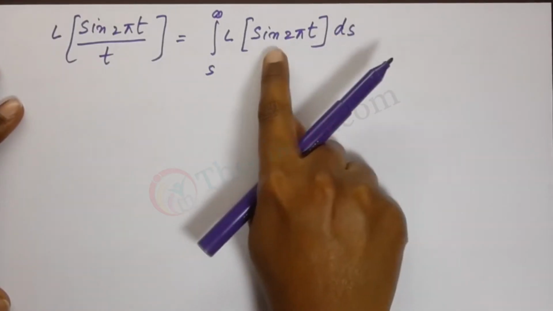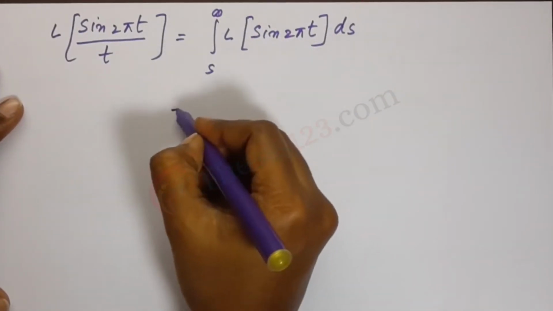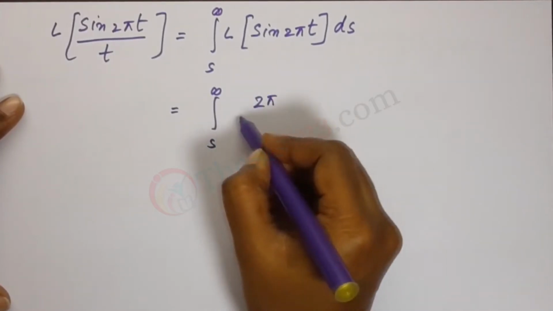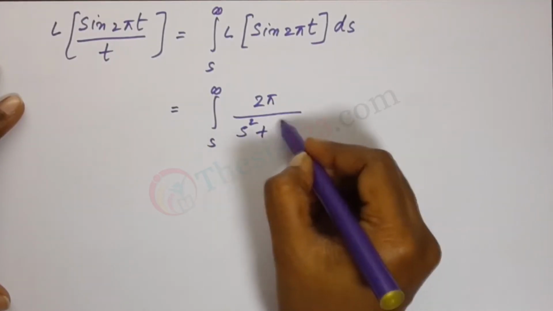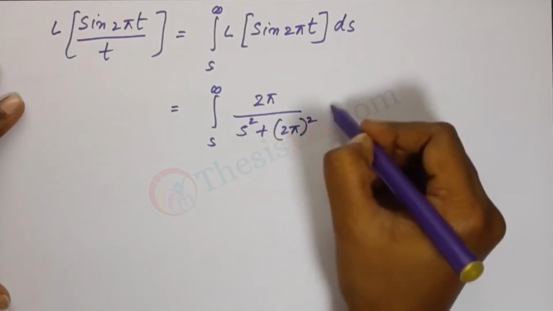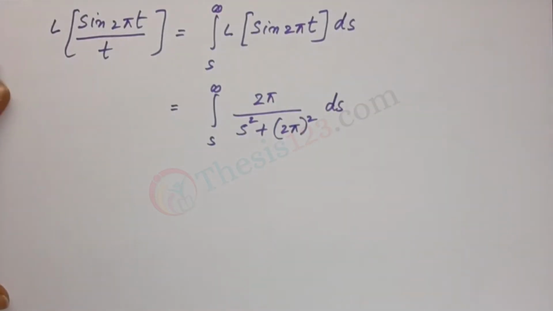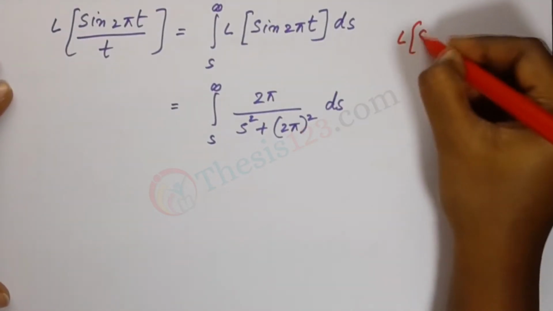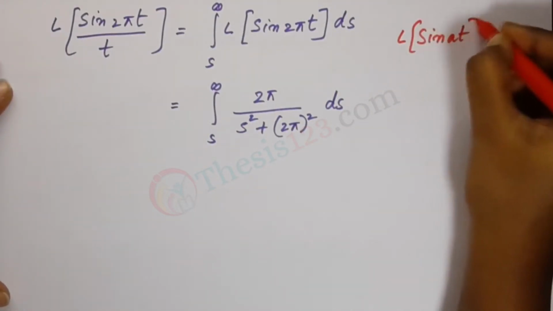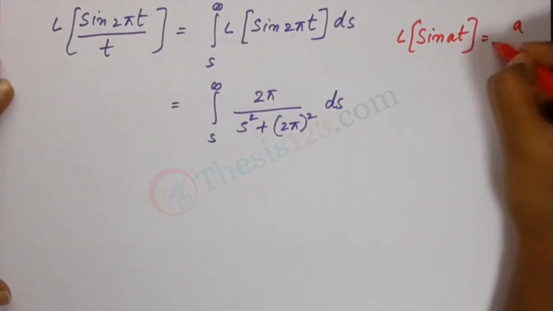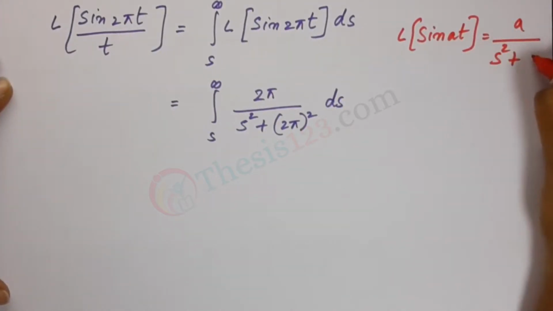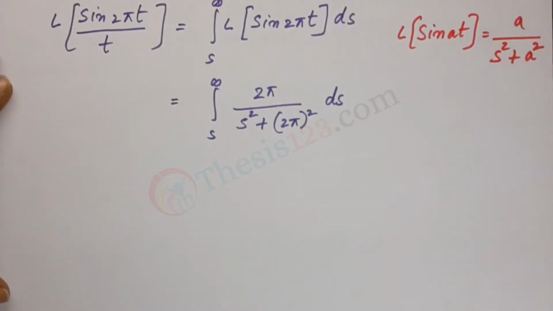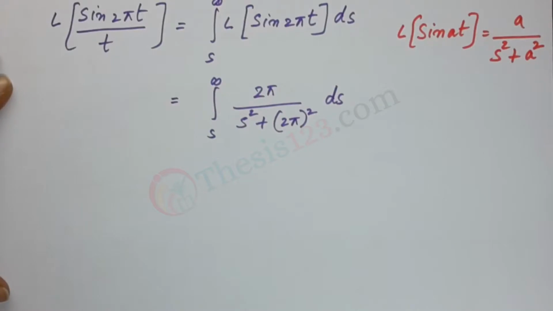Laplace of sine, we know, is the integral from s to infinity of 2 pi divided by s square plus 2 pi square ds. Just in case, let me write that here: Laplace of sine a t is equal to a by s square plus a square.